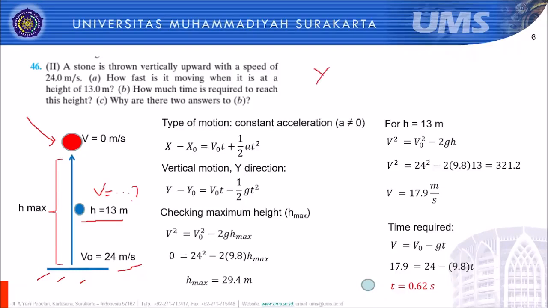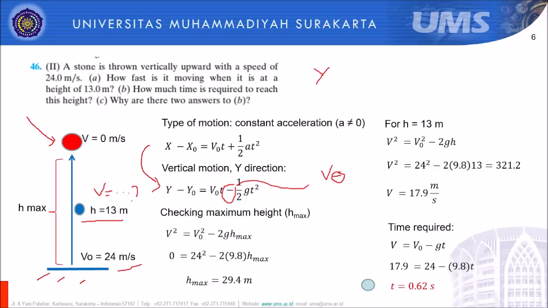If we have x minus x0, we convert to y minus y0 equals v0t minus half g t squared. It is minus because it is vertical movement, so the motion tends to be slower, right?